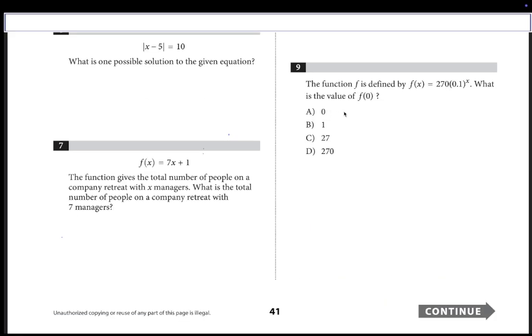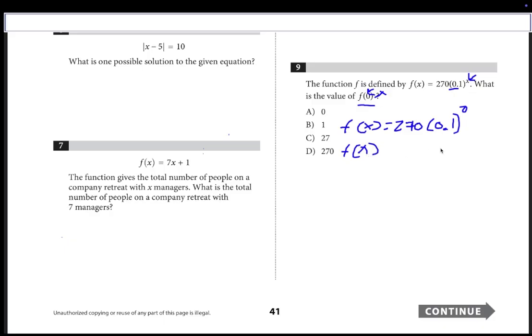Function f is defined by f of x equals 270 times 0.1 to the x. What is the value of f of 0? So the 0 in f of 0 represents our x value. So we just have to input 0 for x to simplify and find the value of f of 0. So f of x is equal to 270 times 0.1 to the 0th power.